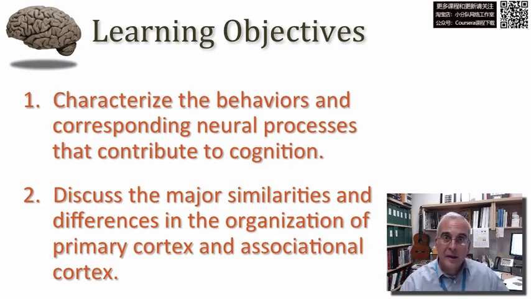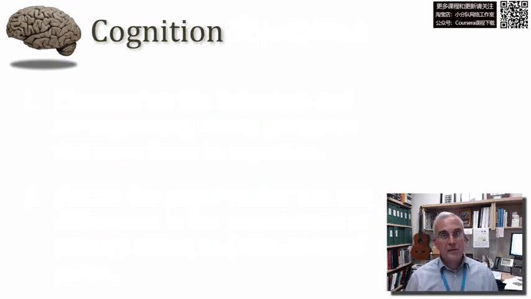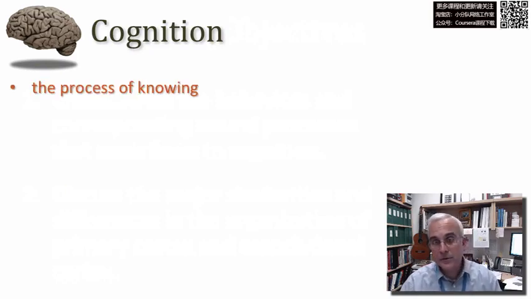Well, I think we're ready now to begin to talk about human cognition. And as we do, we realize that not everyone is on the same page with what we think we mean when we think of this term cognition. So I'd like to suggest first just a layperson's definition.